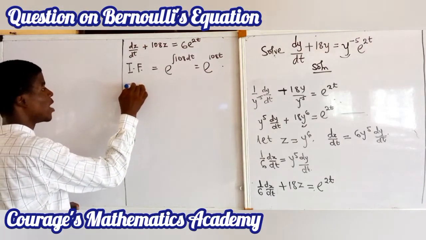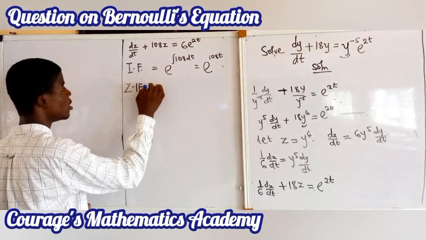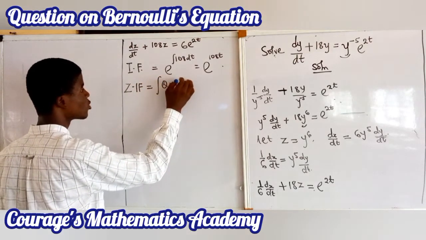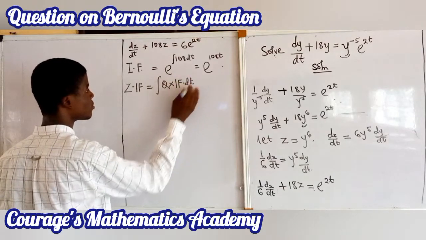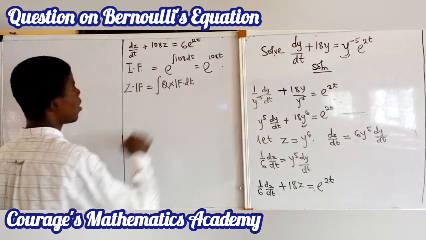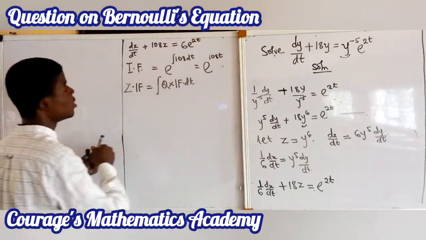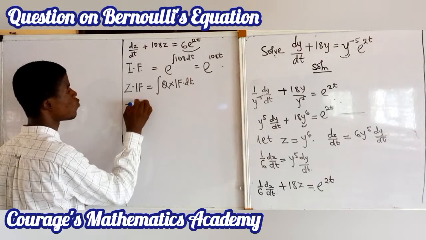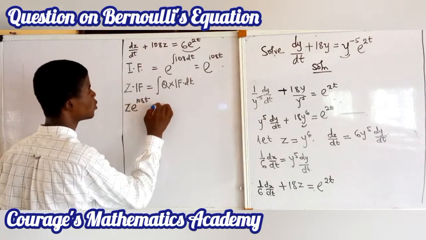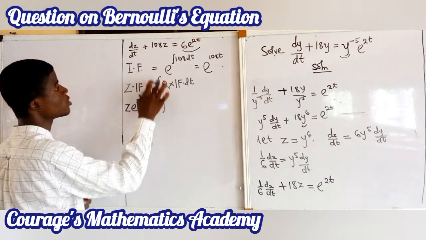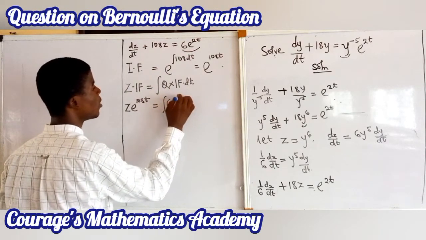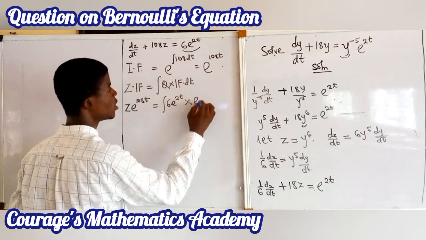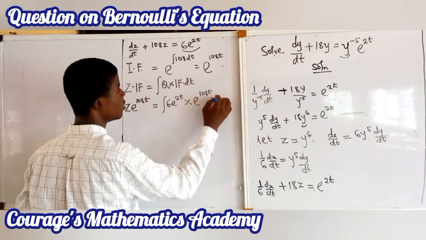Z times integrating factor is equal to integral q times integrating factor dt. Note, we are working now with this equation. In this case, q is this. So z e to the power of 108t is equal to integral of q, which is 6e to the power of 2t, times the integrating factor, e to the power of 108t dt.